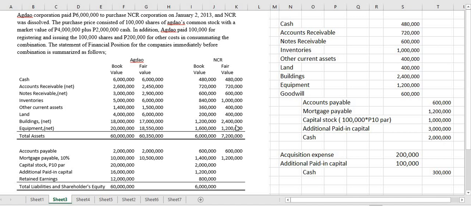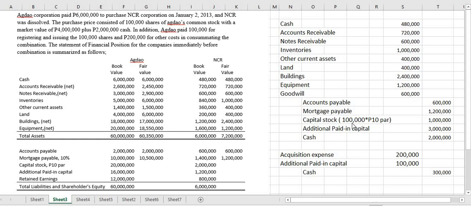Since the acquisition resulted in a goodwill, we debit goodwill at 600,000. Again, we debit the total assets acquired at fair value, and then the goodwill.